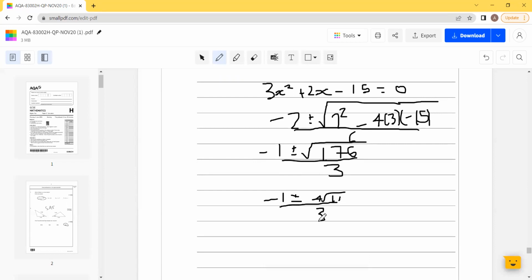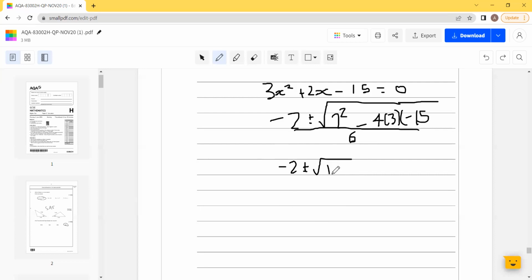So what happens when you do this? Minus 1 plus 4 root 11 over 3 is our one answer. Sorry, not 4 root 11. What am I saying? Going back to the simplification, we have minus 2 plus or minus the square root of 176 over 6.